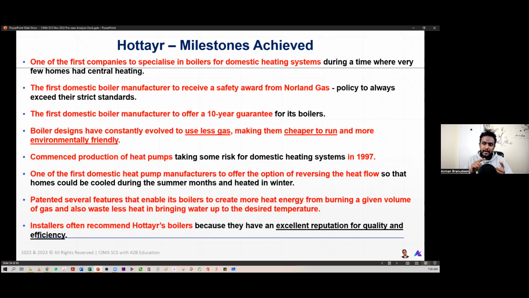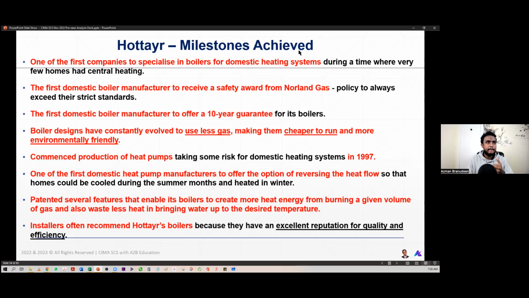We are the first domestic boiler manufacturer to receive a safety award from Nolan Gas. First manufacturer, right? And they have very, very high standards. So we have established a track record of exceeding those standards.